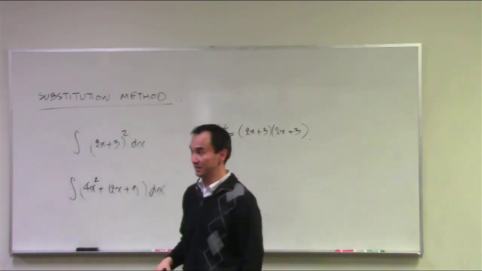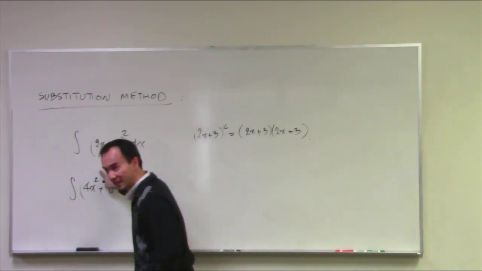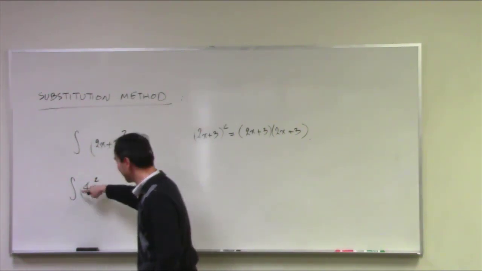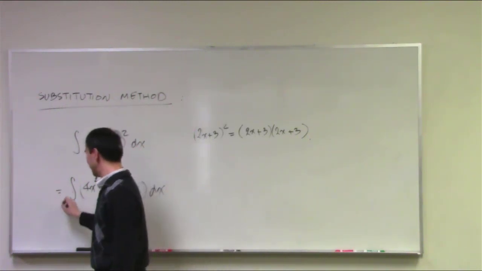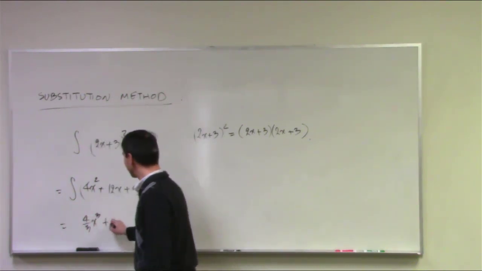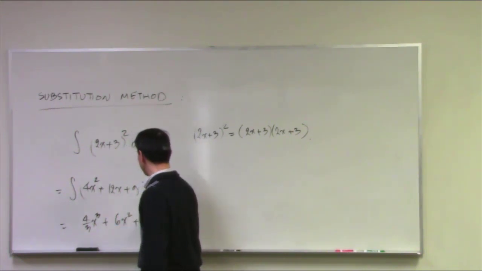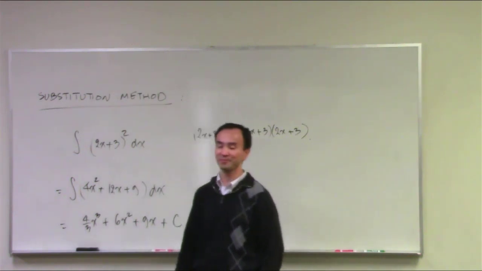This part right here is still not the calculus work. It's not the antiderivative work yet. It's just the algebra. Then now we do 4 thirds x cubed, plus now it's going to be 6x squared, now it's going to be 9x, plus a constant.